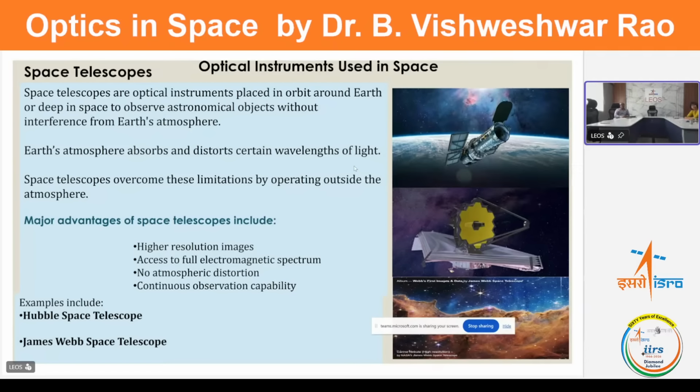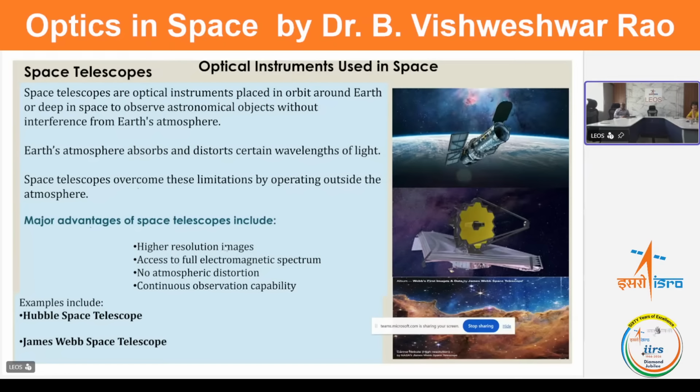Nevertheless, ground-based telescopes are also available, and I'll come to the next slide where ground-based telescopes can also be used for astronomical observations. In fact, they are the ones people started with a long time back, and only then did it venture into space-based telescopes. So we can overcome atmospheric turbulence effects using space-based telescopes.